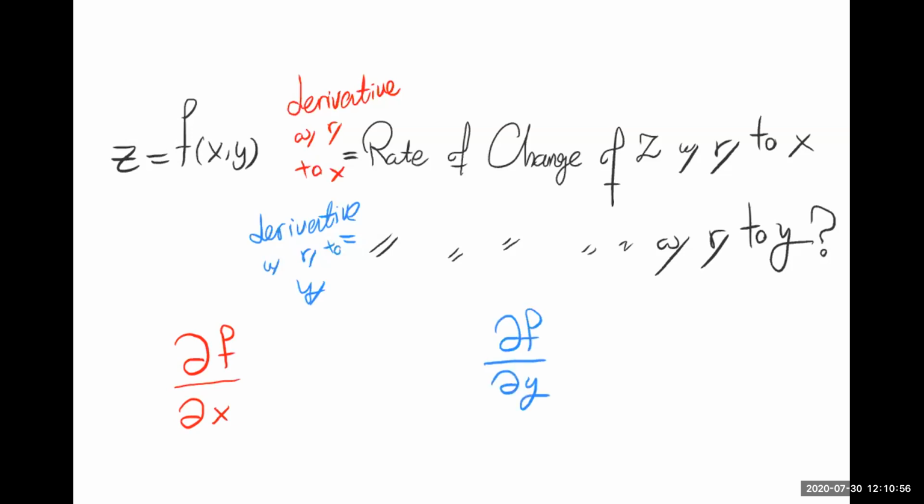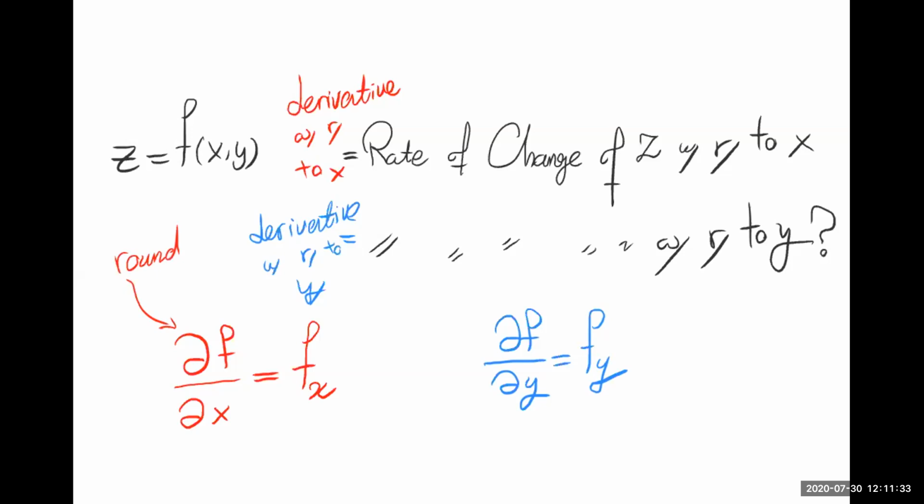Another notation sometimes people might use, especially the book uses this notation, is the derivative of f with respect to x, usually written as f sub x. And the derivative of f with respect to y, f sub y. Just another notation. But the computation, it's usually called round.